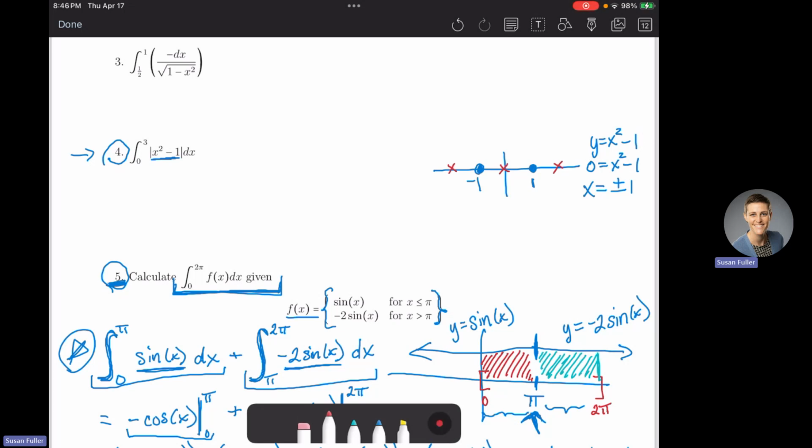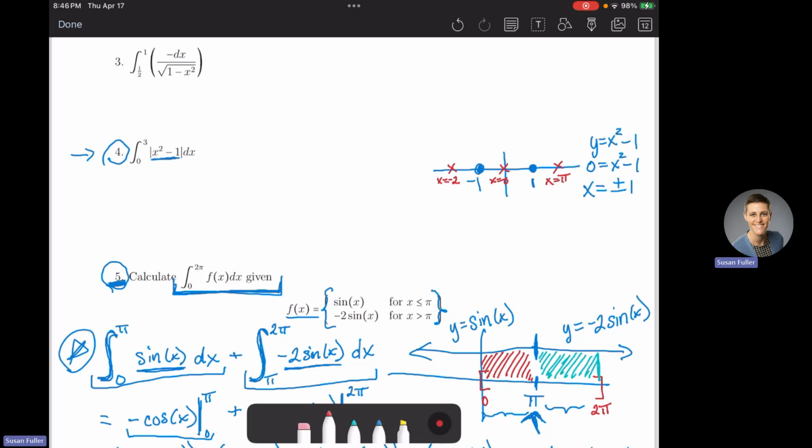So my favorite number to the left of negative 1 is x equals negative 2. My favorite x value between negative 1 and 1 is x equals 0. And my favorite x value bigger than 1 is going to be pi. Now I'm going to plug each of these x values into my function over here.